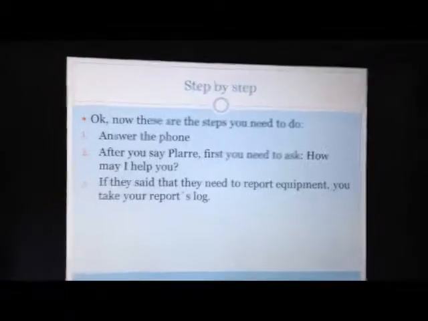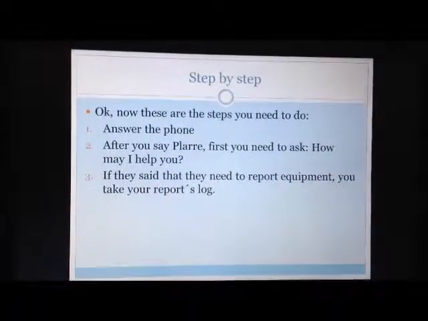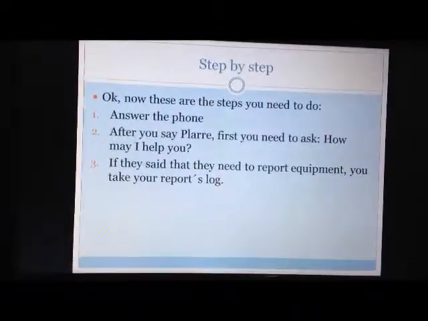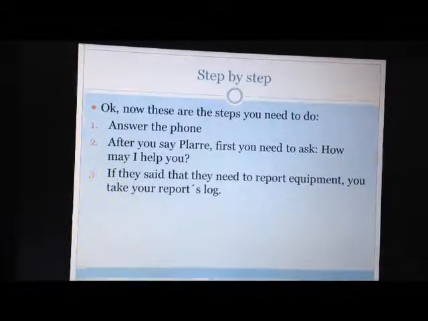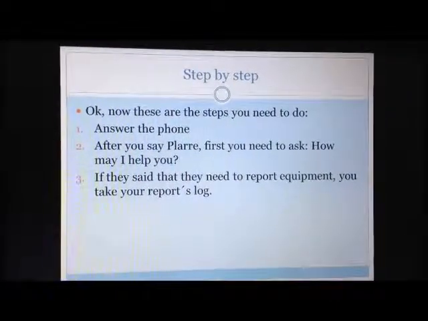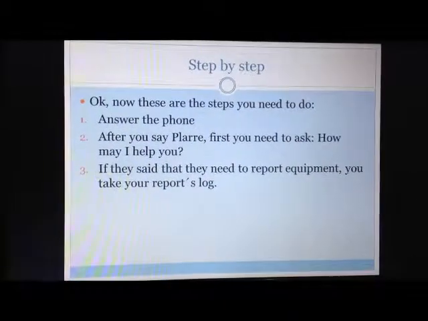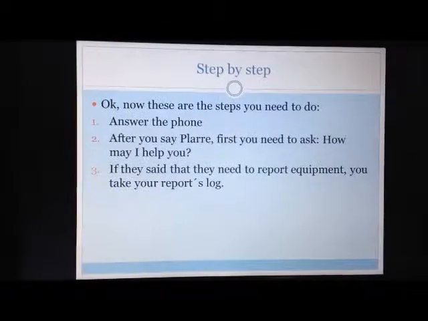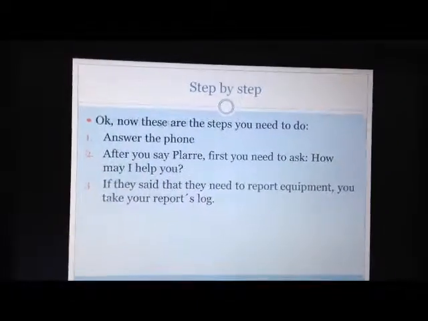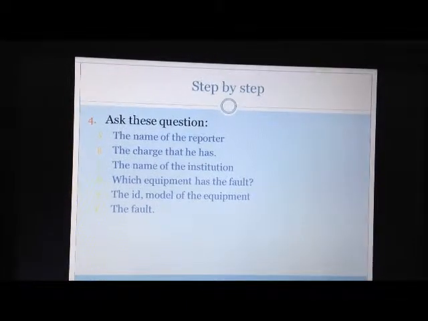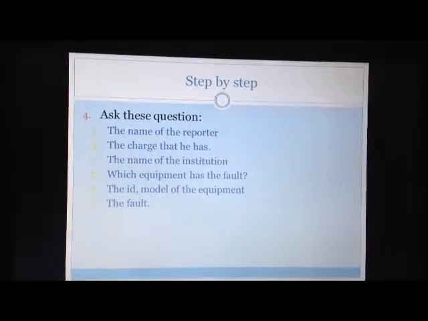Okay, now these are the steps you need to do. Number 1. Answer the phone. Number 2. After you say Blare, you need to ask, how may I help you? Number 3. If they say that they need to report equipment, you take your report log. Number 4. These are the following questions you need to fill in on your report log.